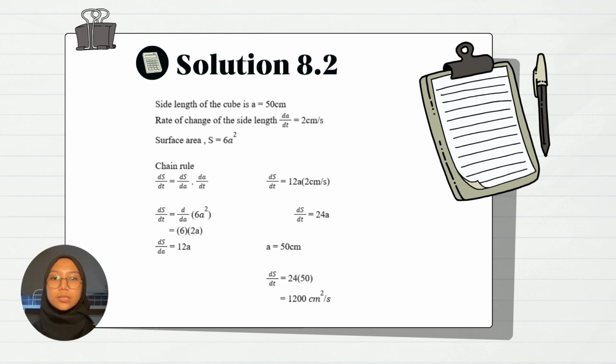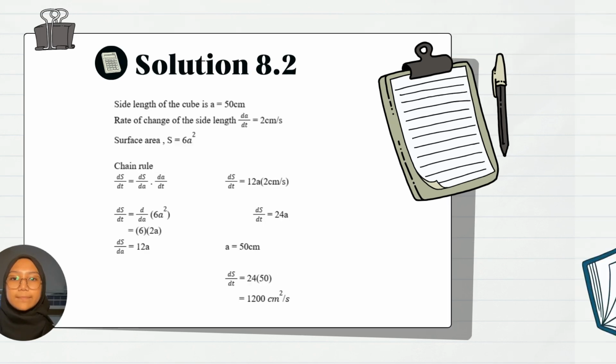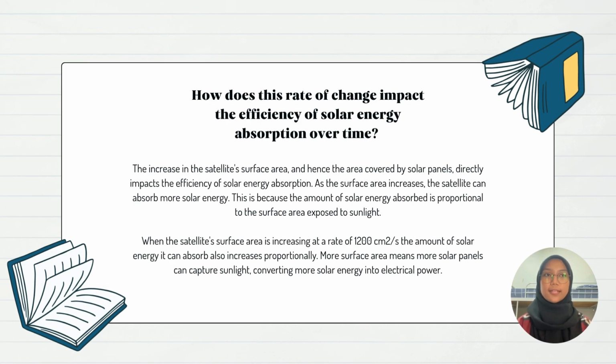The question wants the rate of the total surface area over time when A is equal to 50 centimeter. So we substitute the value into the finalized equation, then we will get dS over dt is equal to 1200 centimeter square per second.